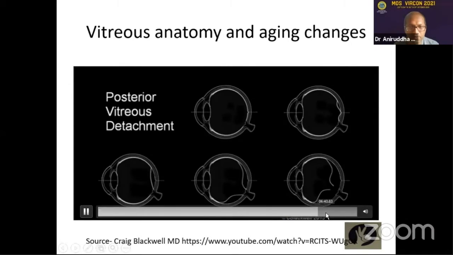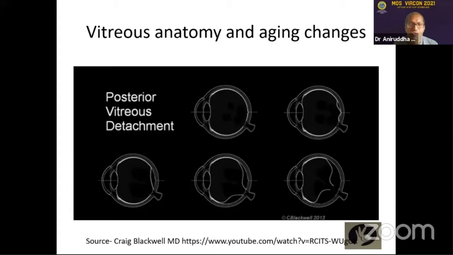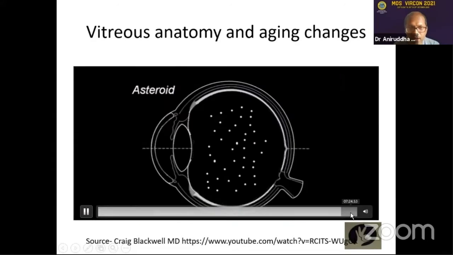So this is the usual course of posterior vitreous detachment. We can see young cortical vitreous attached, then perifoveal separation. In a normal state, the fovea separates, the optic disc remains attached, and ultimately the optic disc also separates. So this is some other thing like.